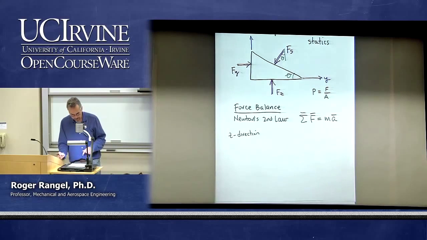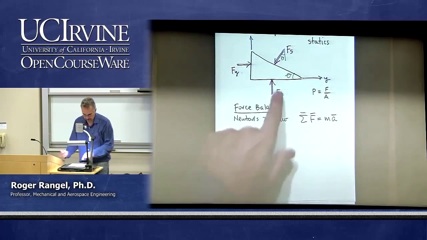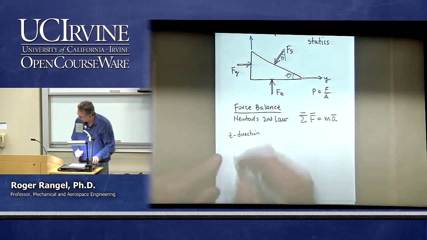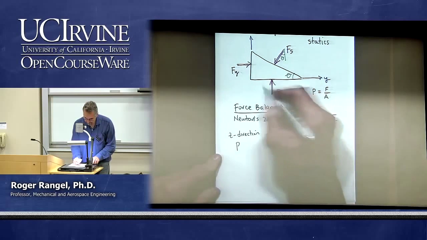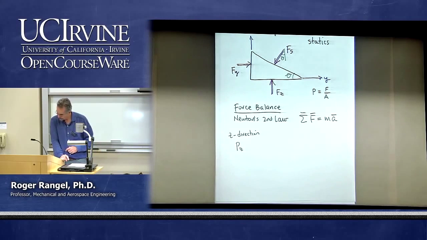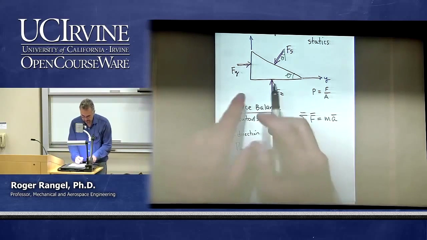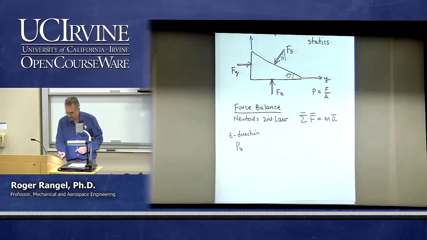So if the pressure is the force per unit area, then of course the force is the pressure times the area. So this F sub z will be the pressure that is acting down here. Let's call that pressure P sub z times the area. And the area, of course, will be the area of the bottom of this wedge.